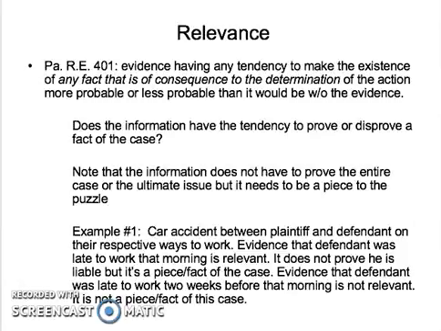So that is a very good definition, but it is long and I think it's hard to memorize. So that's why I default in, does it tend to prove or disprove a fact of the case? If it tends to prove or disprove a fact of the case, the fact is of consequence to the determination of the action. So that is a couple different definitions.